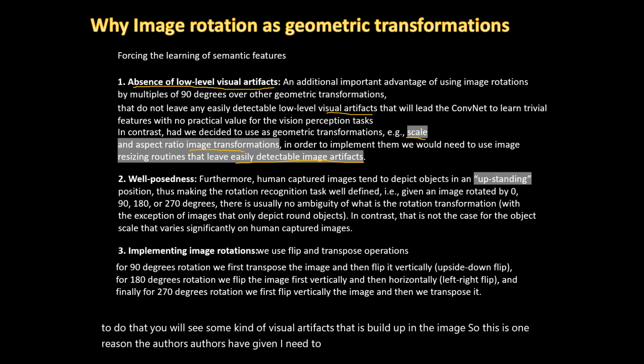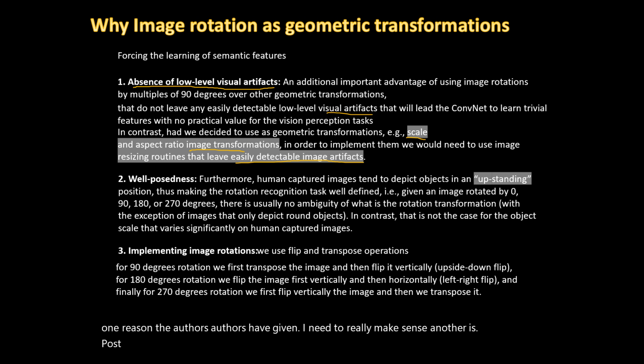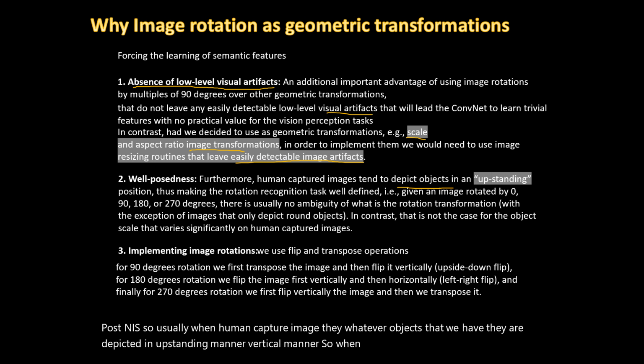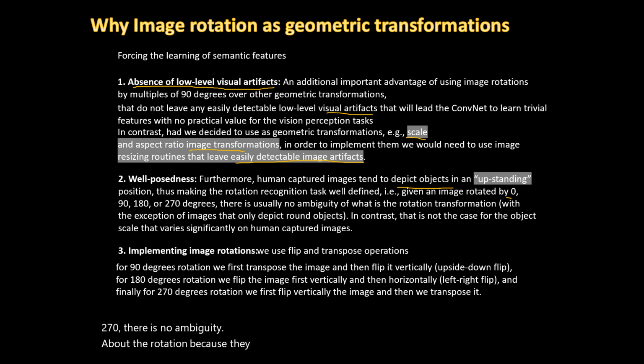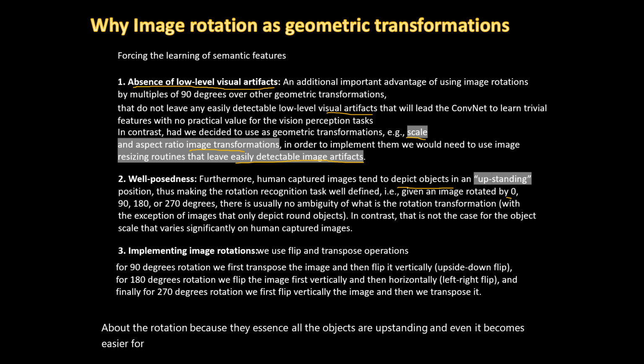Another is well-posedness. Usually, when humans capture images, whatever objects we have are depicted in an upstanding, vertical manner. So when you rotate by 90, 180 or 270, there is no ambiguity about the rotation, because in essence all the objects are upstanding, and it becomes easier for the network to figure out the degree of rotation.